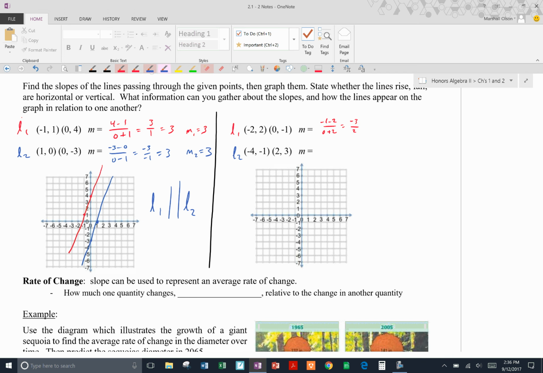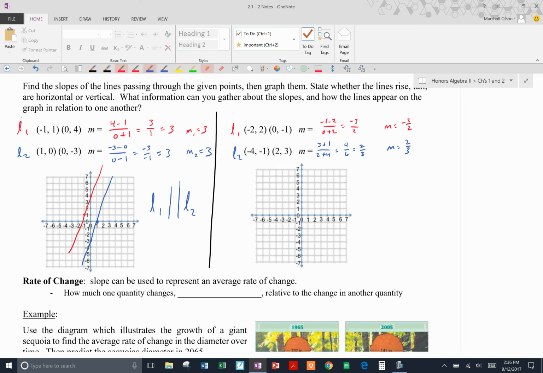And of our next line, we're going to have 3 minus -1 over 2 minus -4. So we're going to have 4 over 6, and that simplifies to 2/3. So the slope of line 1 is -3/2, and the slope of line 2 is positive 2/3.